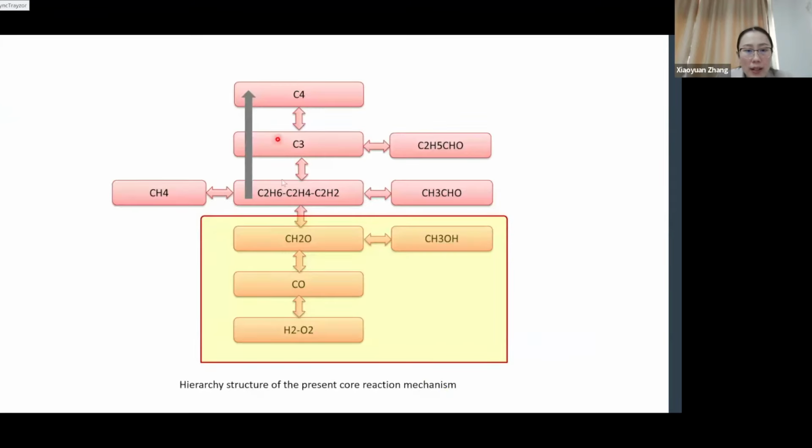The last section, I will focus on the submechanism of acetaldehyde and propanal in order to study the low temperature chemistry of methyl and ethyl radicals.